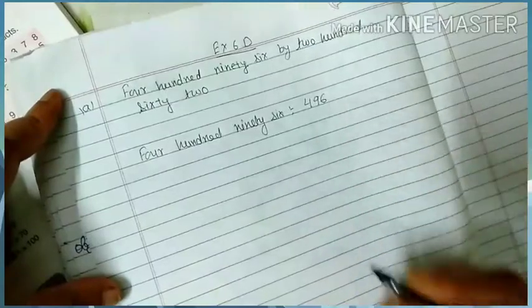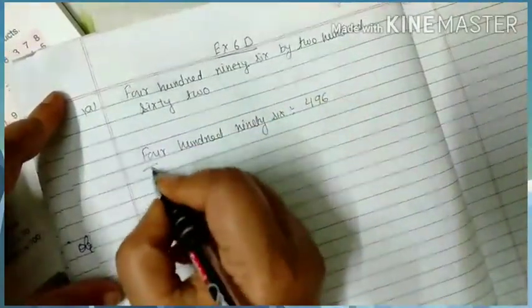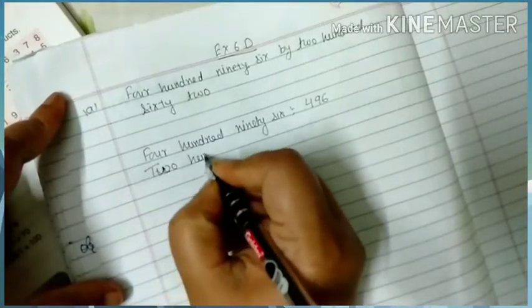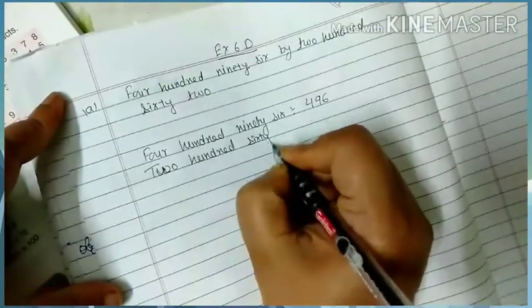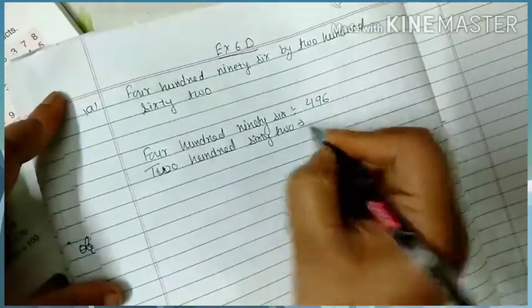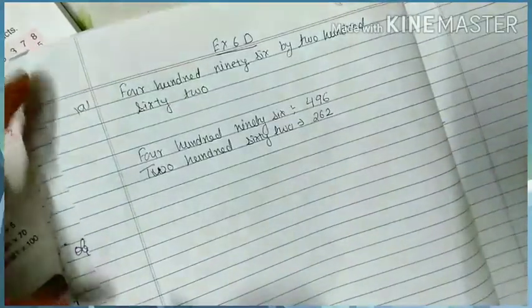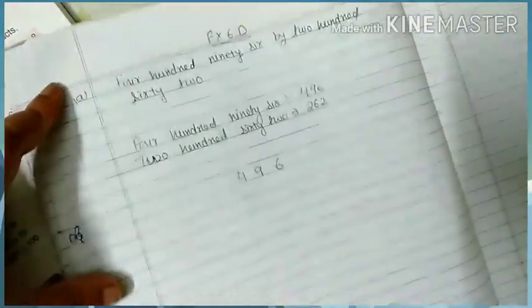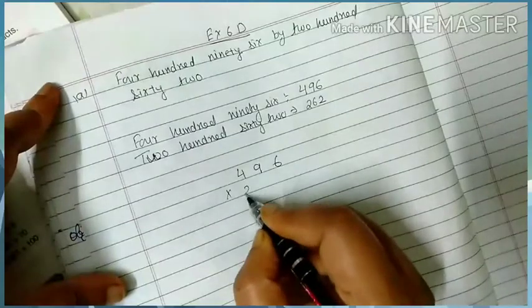Now what do we divide by? 262. So write 262. Now what do we have to do? We have to multiply. So 496 into 262, this is the sign of multiply.